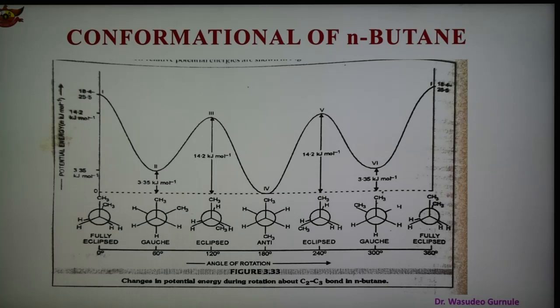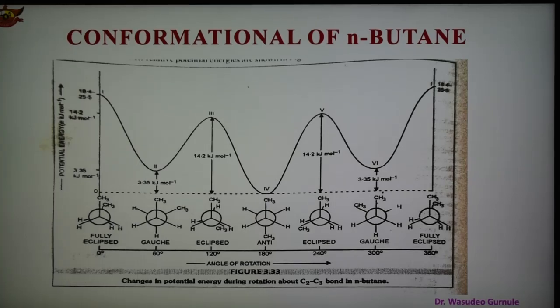Therefore, the relative stability of the four conformations of n-butane is: anti is greater than gauche, which is greater than partially eclipsed, which is greater than fully eclipsed. So the most stable is the anti and the least stable is the fully eclipsed conformer.